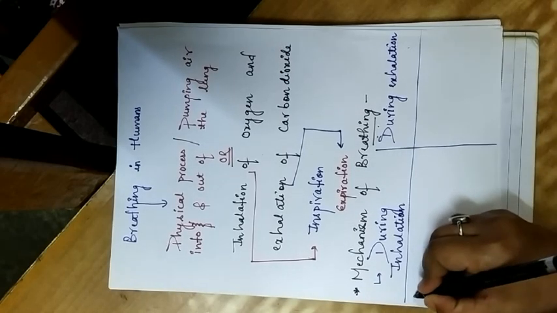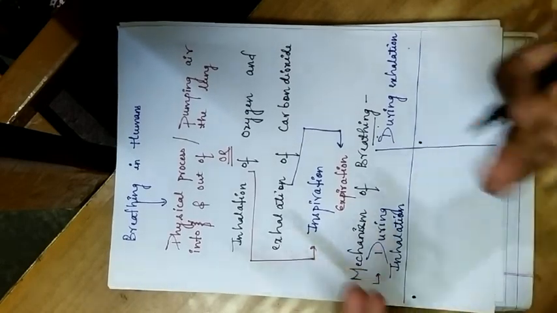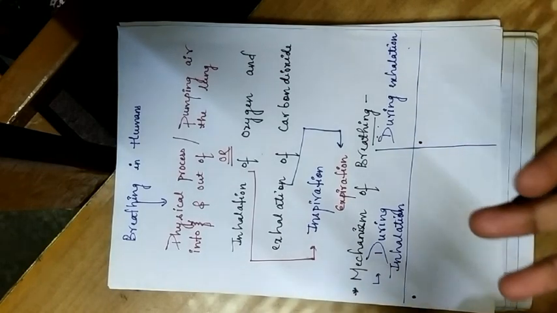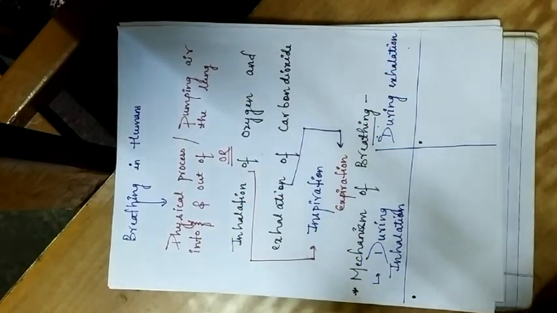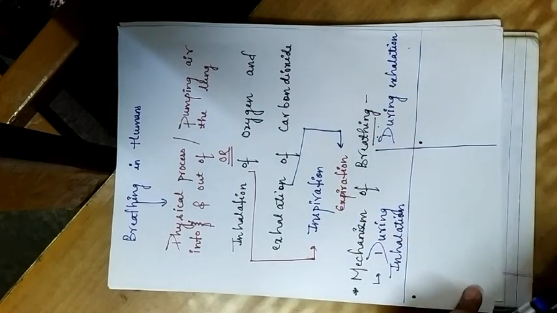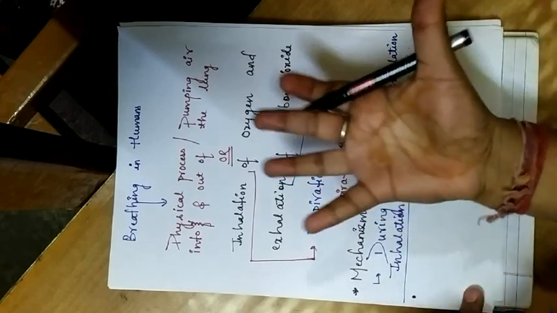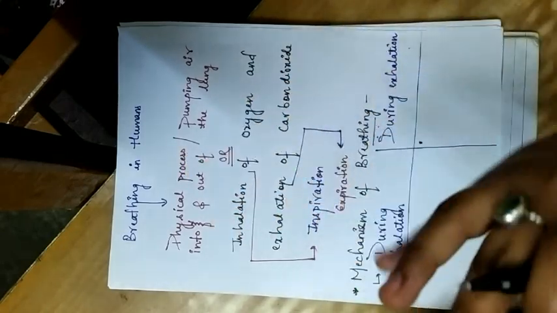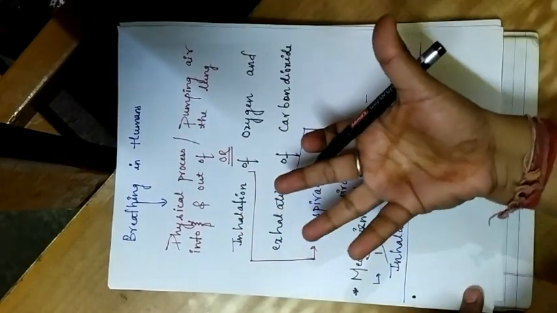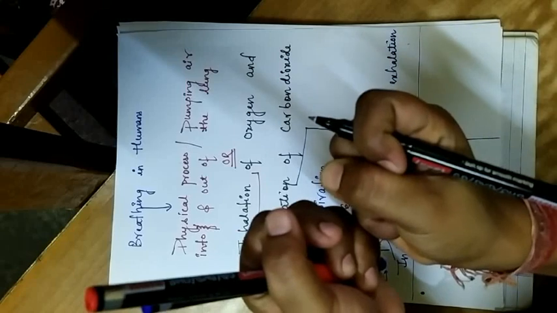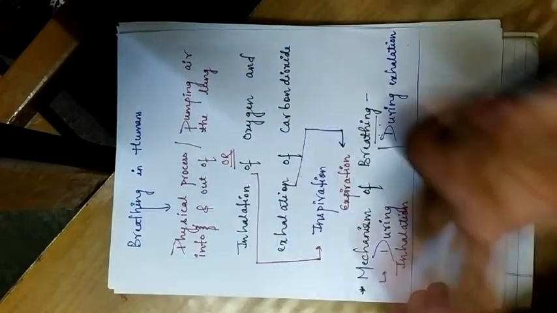During inhalation, we breathe the air in, we try to take the air inside. So what happens during inhalation? The ribs are raised upwards and outwards, because of the contraction of the rib muscles. So while we inhale, the ribs are raised upwards and outwards.